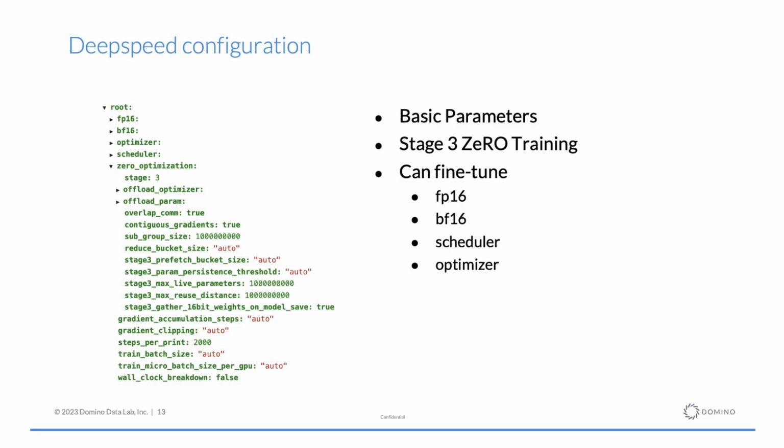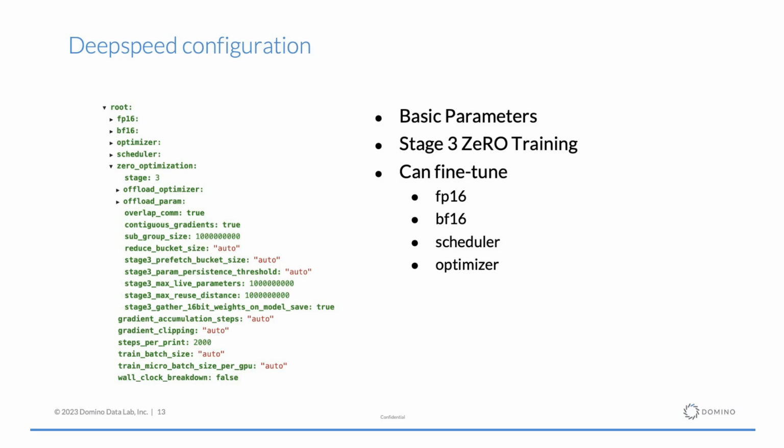On the left-hand side, you can see these are the different keys that you'd give to the DeepSpeed optimizer. A lot of them, if you just set them to auto, you should be fine. So you've got things like gradient clipping. You can get it to choose the batch size automatically as well.